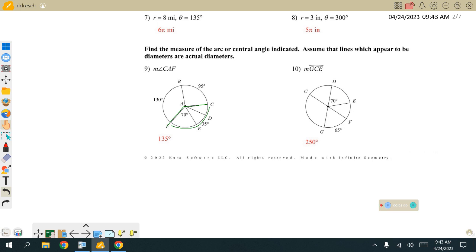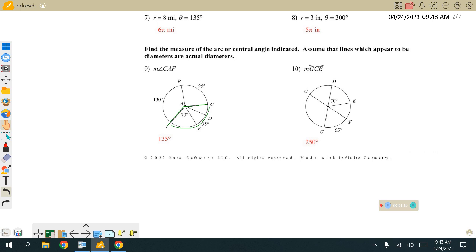For me, and there might be more than one way to do this, the first thing I noticed is I got everything up there besides CAD. So what I'm going to go do is take 360 degrees, take out 95, 130, 70, and 35, and that gets me CAD.